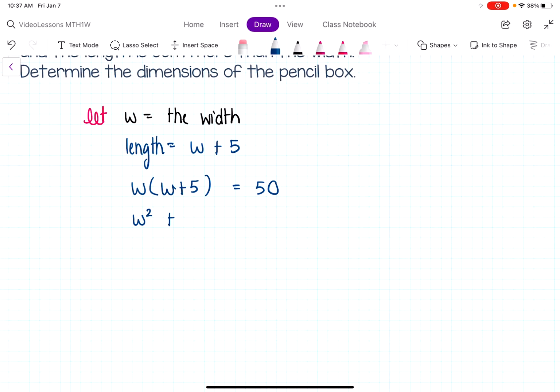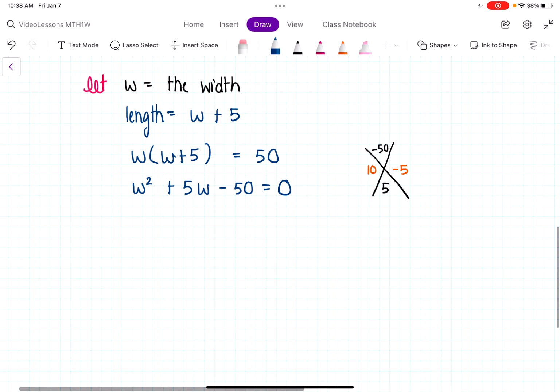So when I expand this and put it in standard form, that's what I'm going to get. Don't forget your equals 0. Now we have a quadratic that we want to solve. So we want two numbers that multiply to negative 50 and add up to positive 5. And those numbers are positive 10 and negative 5. So we're going to have two brackets, W plus 10 and W minus 5, equals 0.